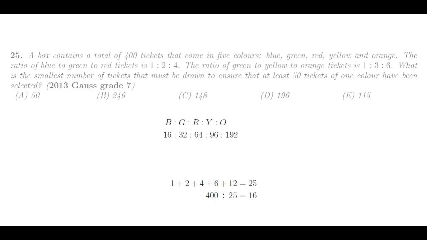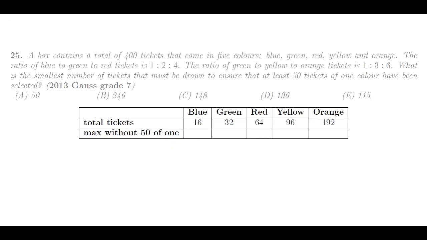So we're most of the way here, and I think a lot of students could get this far. It's the next step that makes things a little bit interesting. So let's take our information and lay it out. We know that there's these many tickets of each type, but we want to pick the smallest number to ensure that we have 50 of one color.